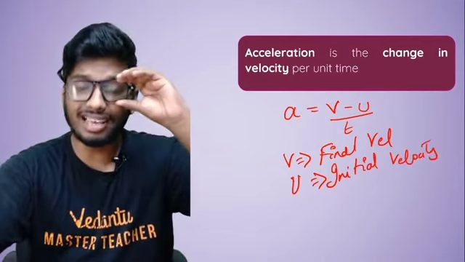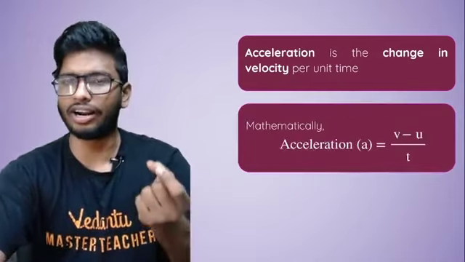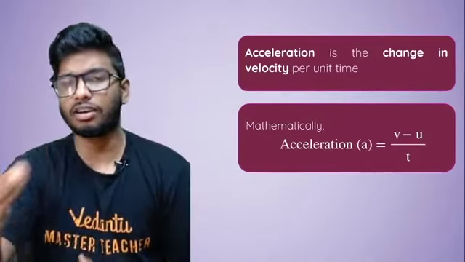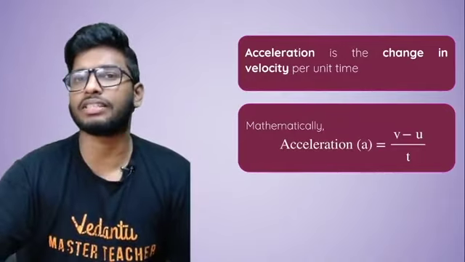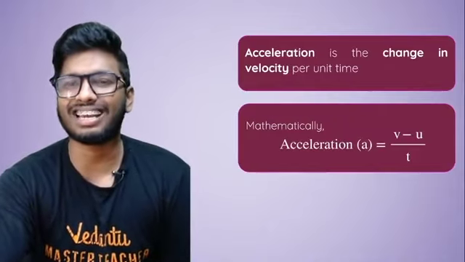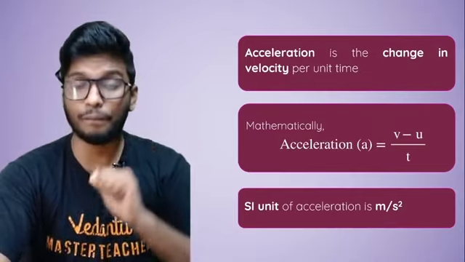Simple as that. The SI unit of acceleration is meter per second square. How did I get meter per second square? Initial and final velocity are in meter per second, and time is in second. So you get meter per second square. That is the SI unit of acceleration.